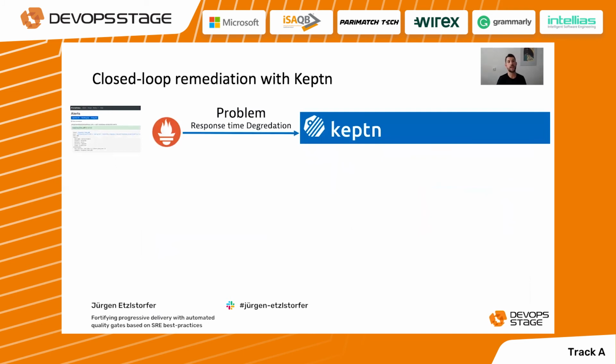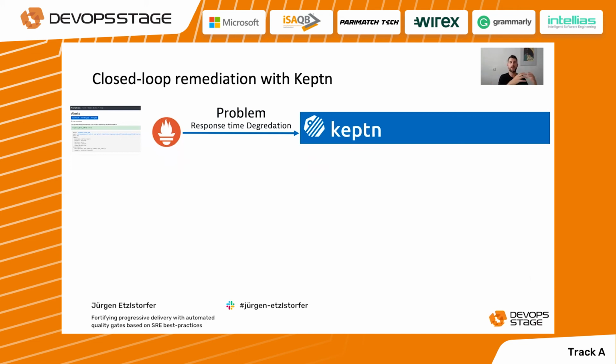So now we have what we call a closed loop remediation with Captain. We have our Captain quality gates in place that should prevent any bad builds from reaching production. But as said, there might be something that we could not test, or that our test cases could not reflect, the real traffic that is actually going on in our live systems.